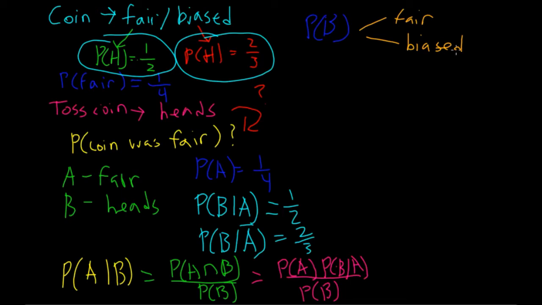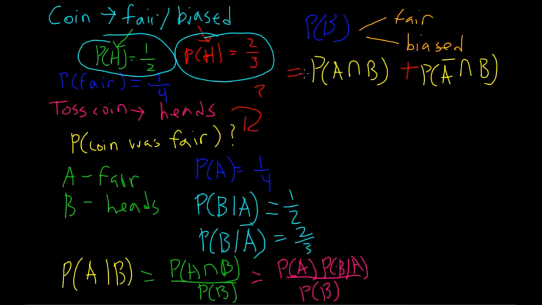So, what you have to realize is that to get heads, you either have to have a fair coin and get heads, or you have to have a biased coin and get heads. So these are our two basic probabilities that we have. And notice that the choices based on whether we get a fair or biased coin, the heads when it's fair and the heads when it's biased, encompass all the possible ways that we can get heads. So what you have to realize is that we just have to add these two probabilities to get the probability of B.